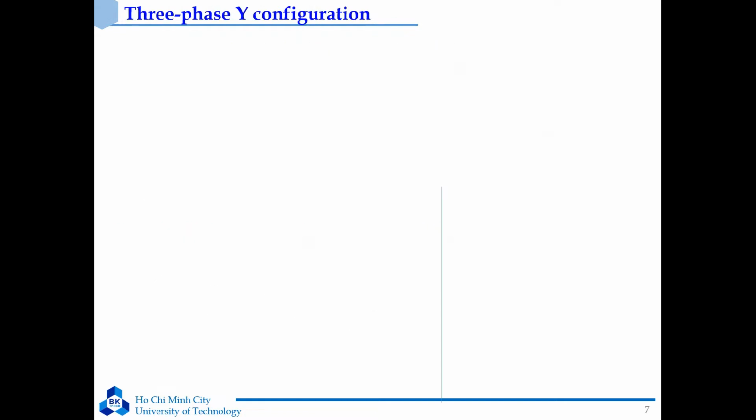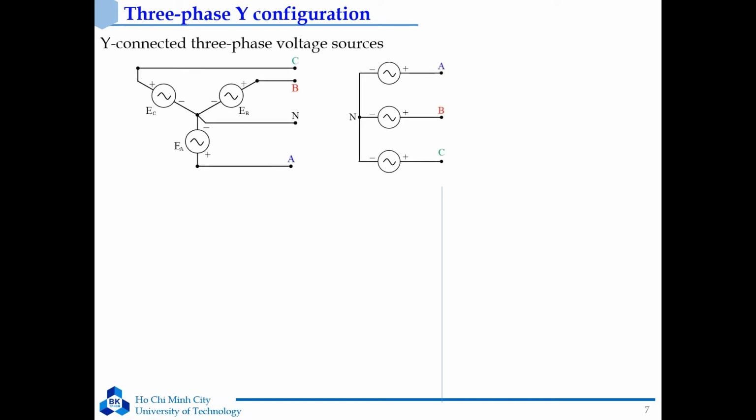For the three-phase power system, we have two configurations, Y and delta. This figure shows the Y-connected three-phase voltage source, and this has four lines. A, B, C are the phase lines, and N is the neutral line. The phase voltage is the voltage between the phase and the neutral.